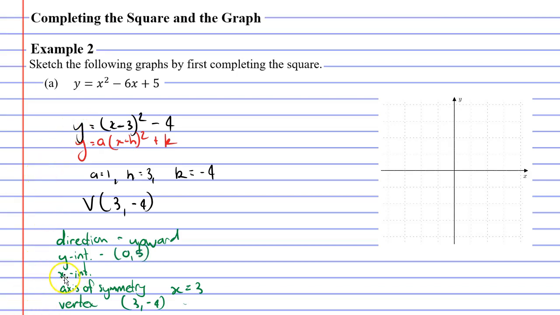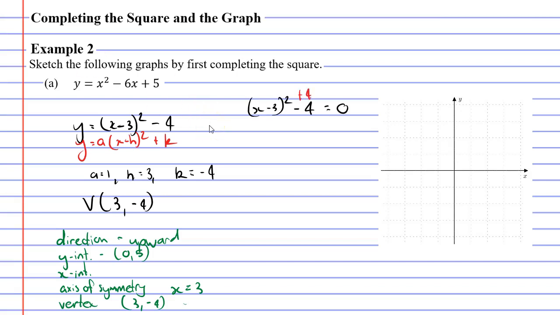The last thing we need to find are the x-intercepts. And we can take either of these 2 equations here and just make them equal 0. It's going to be faster to find the x-intercepts if we take the equation where we completed the square. So we take the equation (x minus 3) squared minus 4 and make it equal 0.